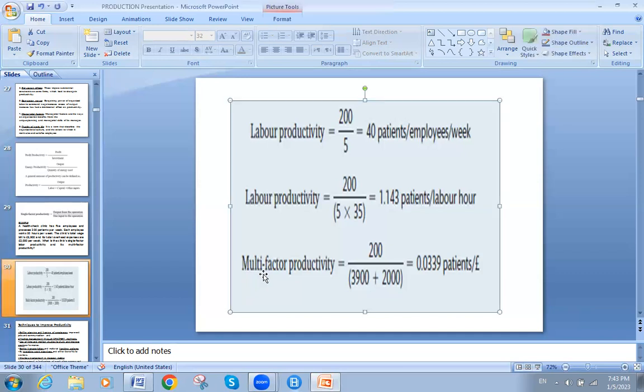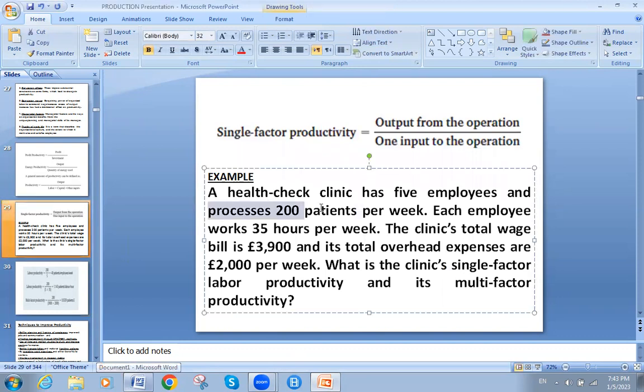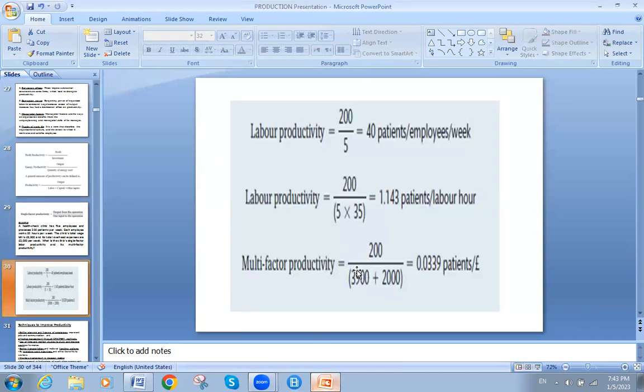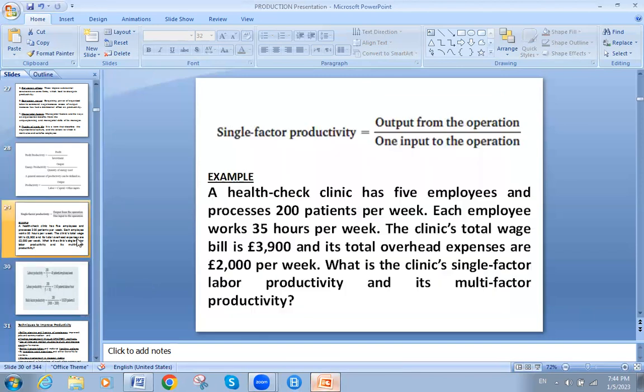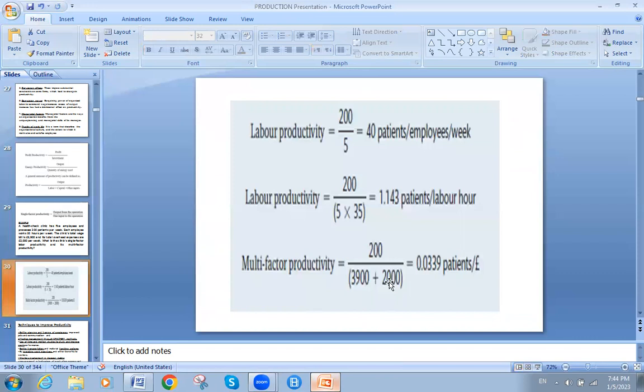What is the multi-factor? All the costs. For the productivity, the total outputs is 200 patients. This is the total outputs divided by the total inputs. The total inputs here: we have 3,900, which is the wages bill, plus 2,000.